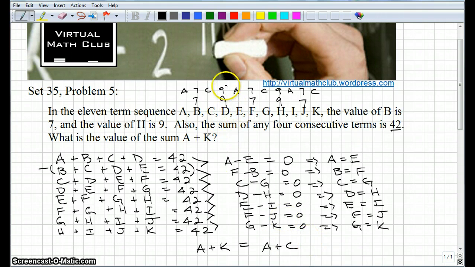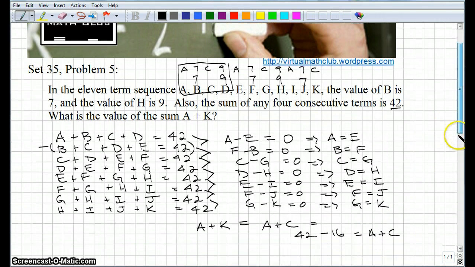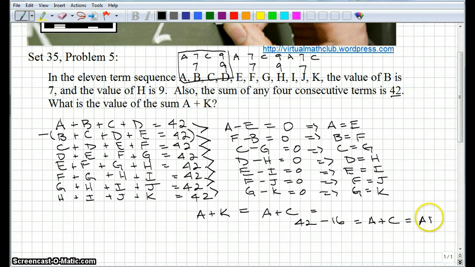And we know that these consecutive numbers had to equal 42, so we can take 42 minus 16, that's 9 and 7, and that should be equal to A plus C, which is the same thing as A plus K, like I just said. So what does that give us? 42 minus 16 is 26. So A plus K is equal to 26.